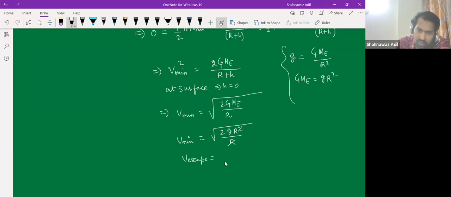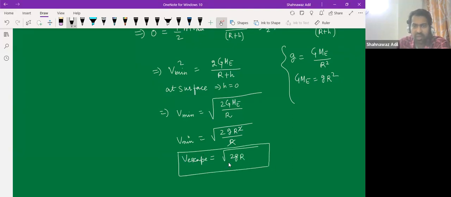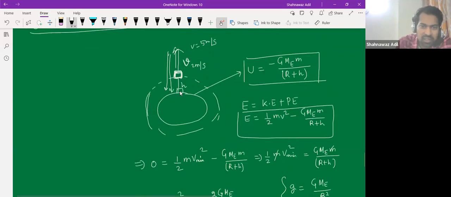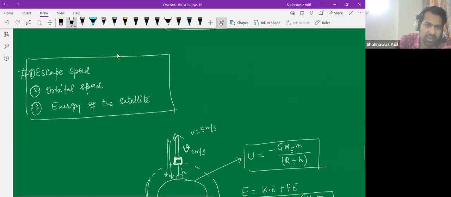This is equal to root of 2gR. So with this minimum velocity I can throw this object out of the surface of the sphere and it will not return back. So that is the idea of escape velocity.